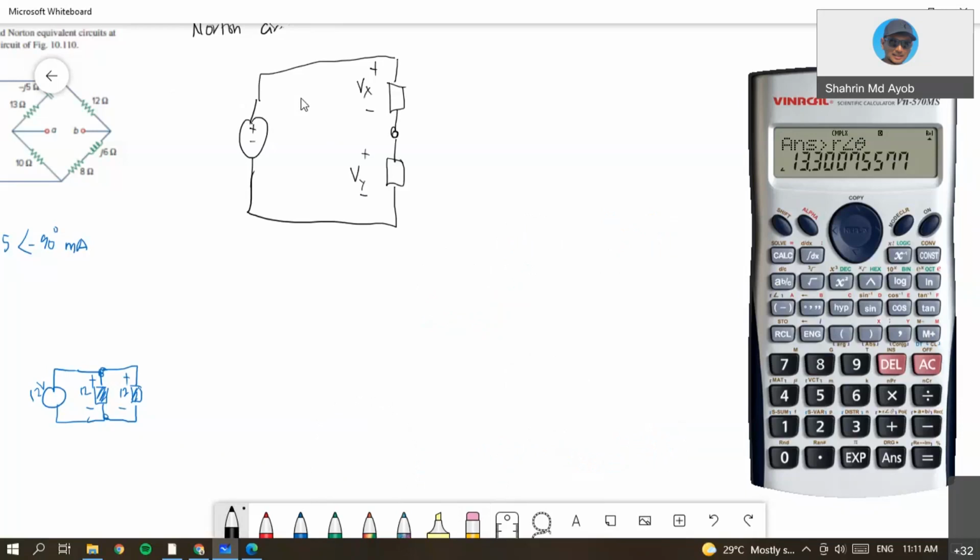Right now, this element is 13 minus J5 parallel with 12. While with the Vy, you need to parallel the resistor first. So 10 parallel with 8 plus J6.